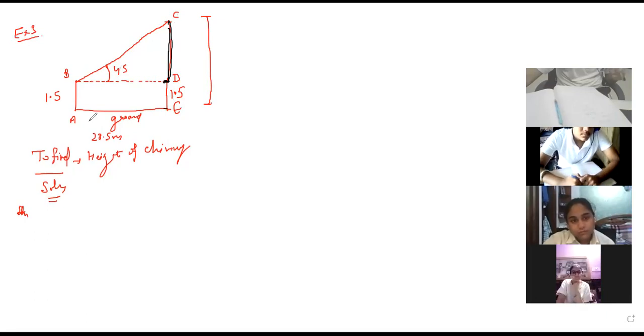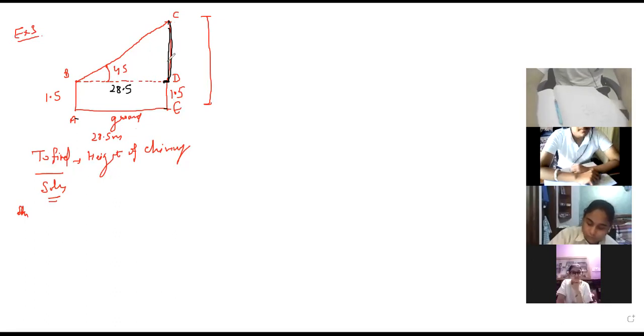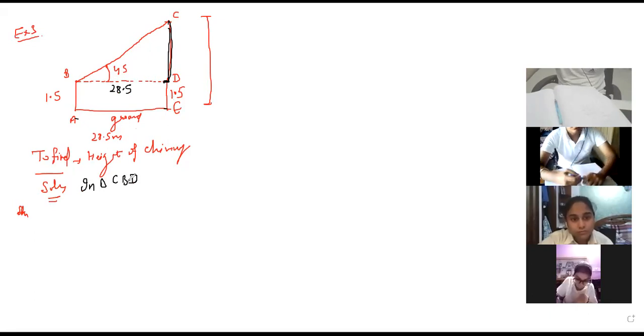So ground is 28.5. This line is also parallel to the ground, so this is also 28.5. So if I take the triangle BDC or CBD, AE is 28.5, so BD is again 28.5.